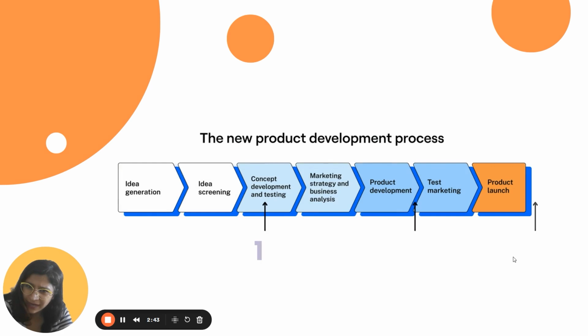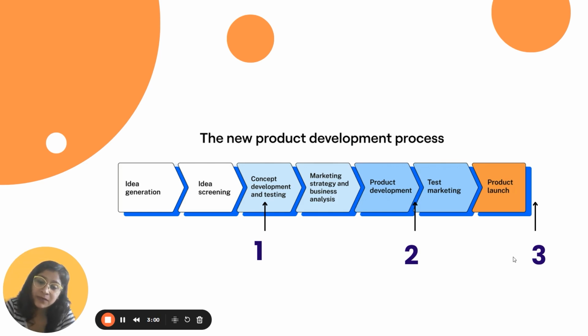Just to recap, in the new product development phase, we can do usability testing at the first stage, the very early idea generation stage, where we have the concept ready but only lo-fi prototypes.